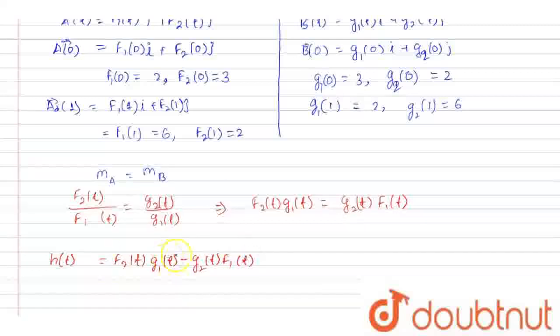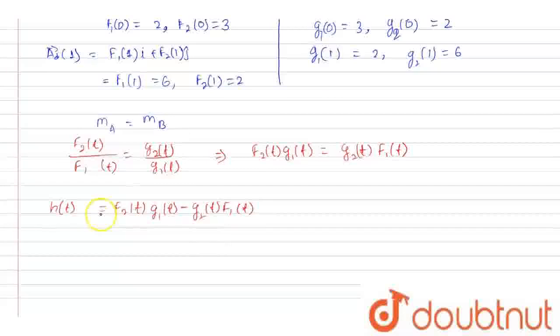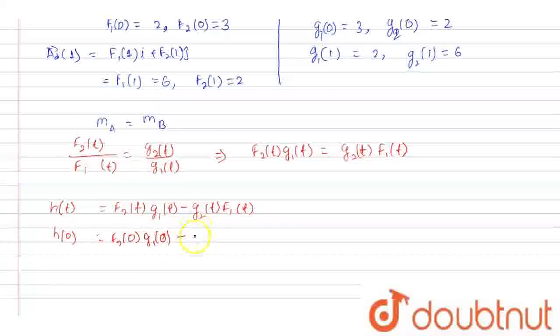Now we find h(0), that is f2(0) g1(0) minus g2(0) f1(0). Now put in the values: 3 into 3 minus 2 into 2, and the value will be 5.